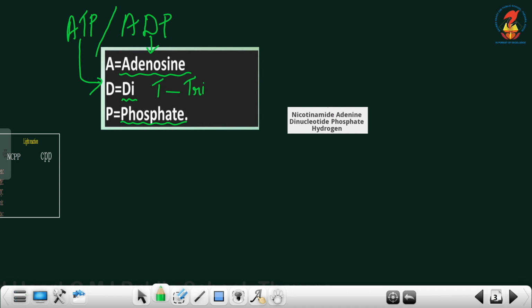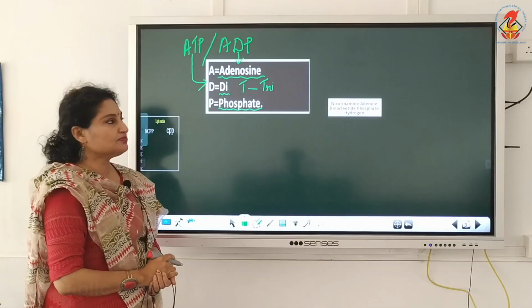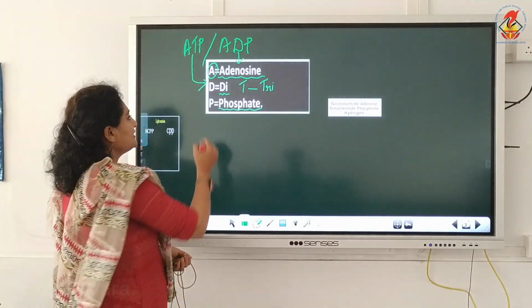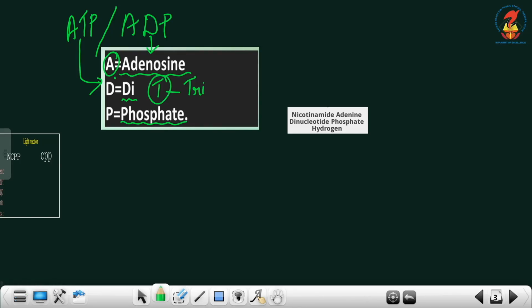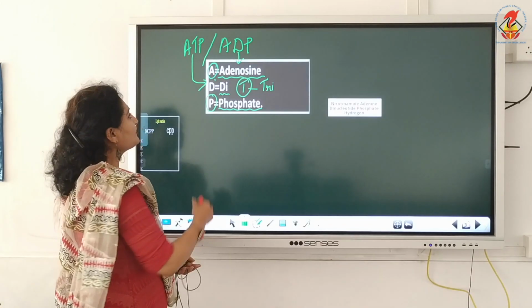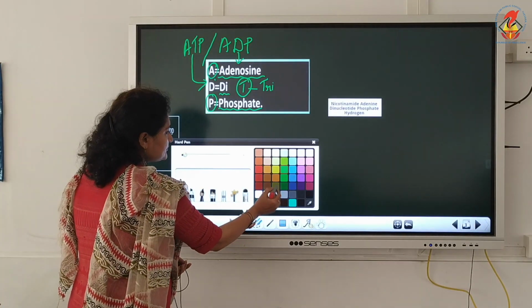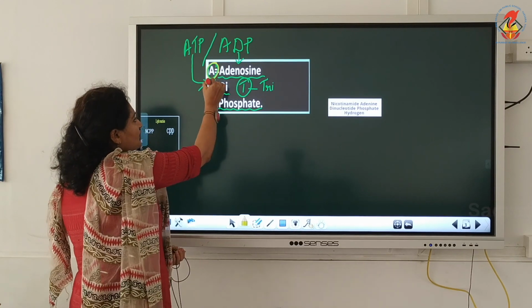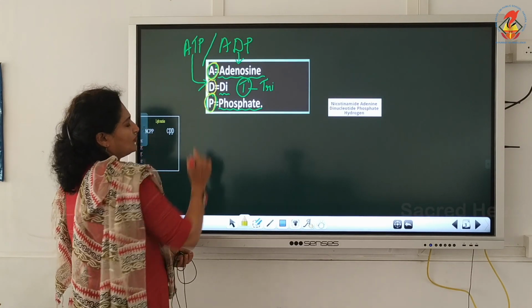So the full form of ATP, the energy molecule, is A for adenosine, T for tri, and P for phosphate. If it's ADP, A stands for adenosine, D stands for di, and P stands for phosphate.